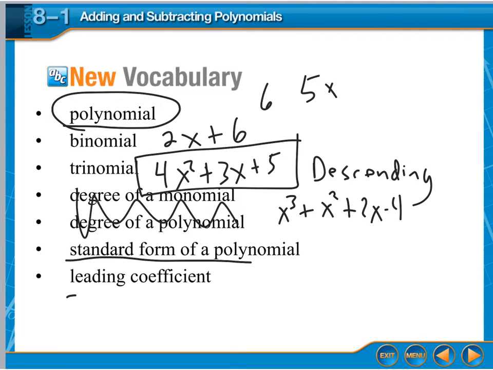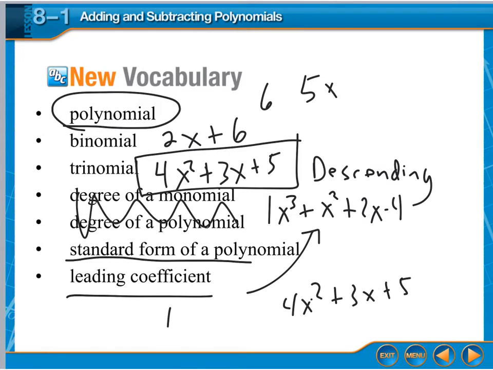And the leading coefficient of this guy would be 1, because there's a 1 in front here. The leading coefficient of this is 4. Okay, it's the first term. When it's in descending order, the leading coefficient is the first coefficient, the first number there. Okay?